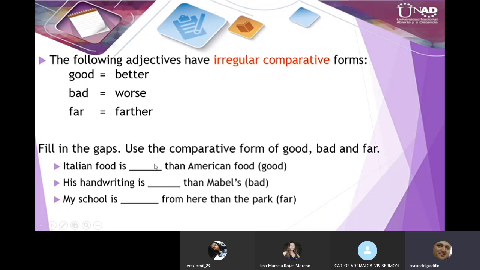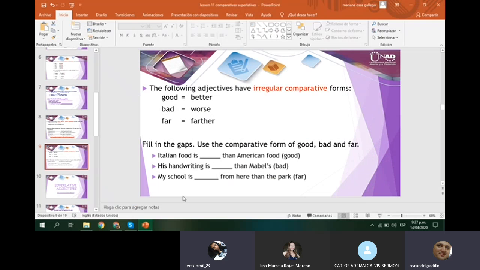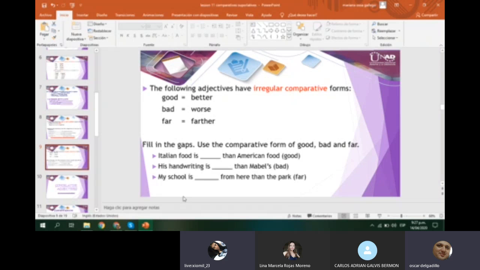Xiomara, can you complete these three sentences using the correct adjective? Italian food is better than American food. His handwriting is worse than Mabel's. My school is farther from here than the park. Okay, yes.